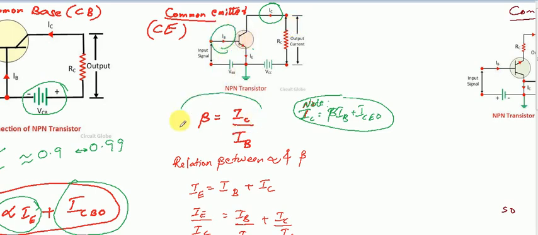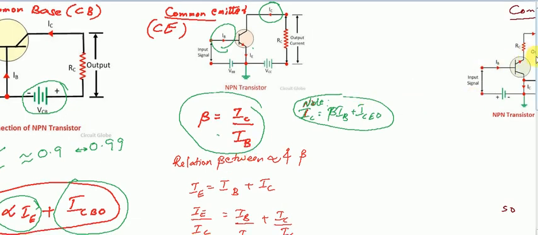Here we represent current amplification factor with the letter beta. In the previous case it was alpha. So here the current amplification factor in case of common emitter configuration is IC divided by IB, that's output current divided by input current.